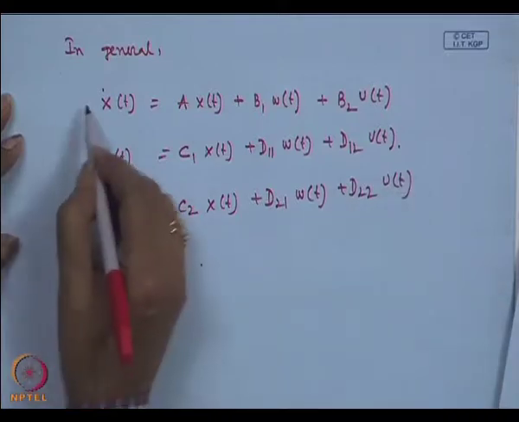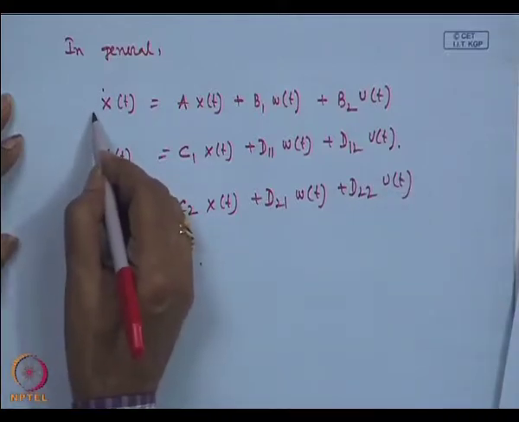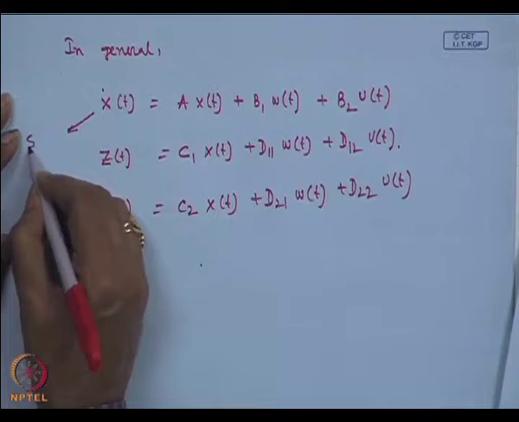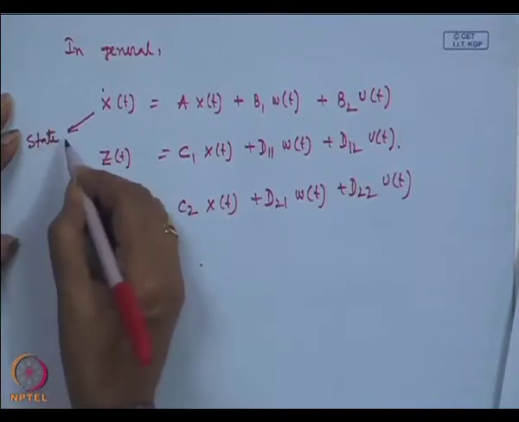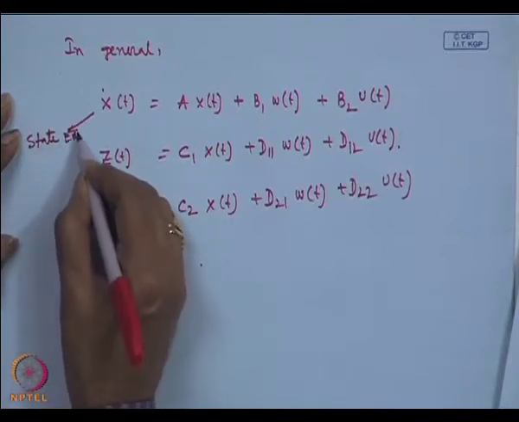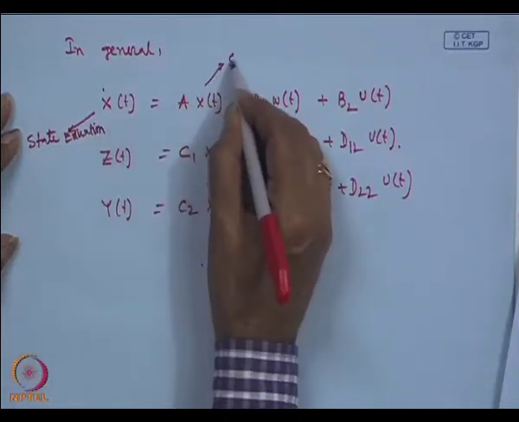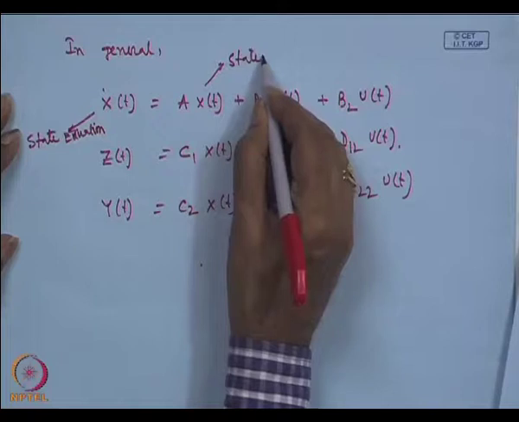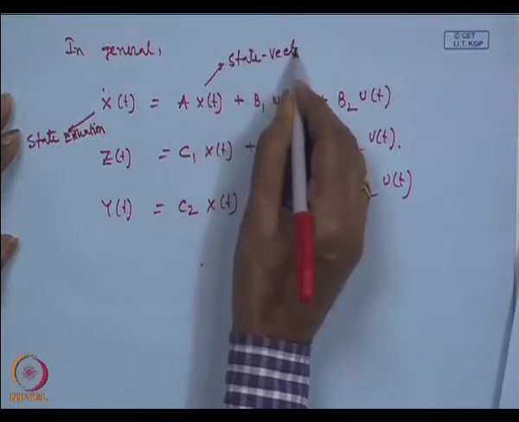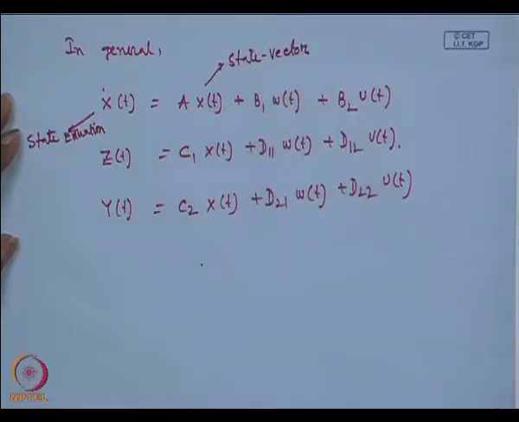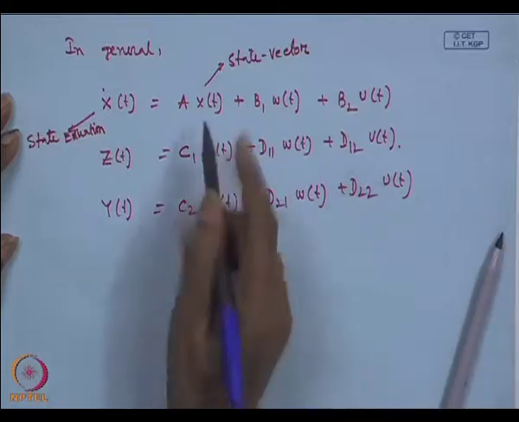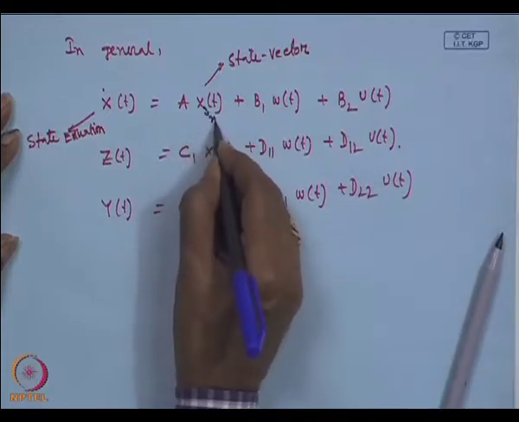So, this equation is called the state equation, and x is a state vector whose dimension is n cross 1.